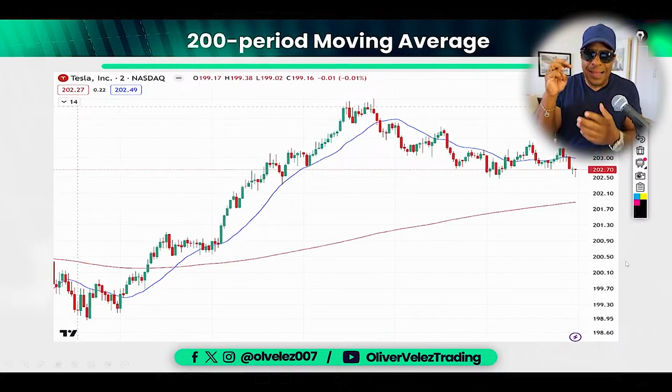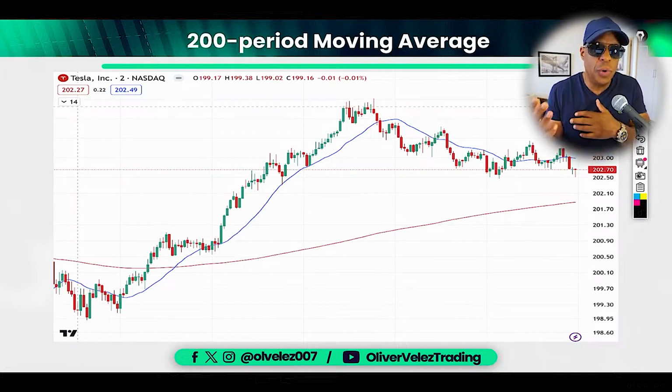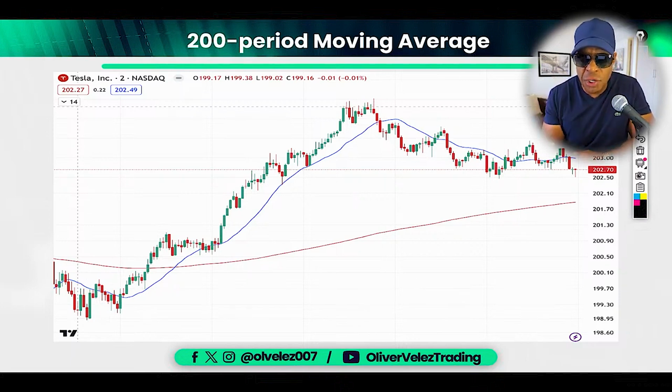Now, the third tool we need is the 200-period moving average. Again, it's a simple 200-period moving average. We use the 200-period moving average in conjunction with the 20-period moving average in the form of a buddy system. It's almost like a child-parent relationship. The 20-period moving average is the shorter term one, the child.